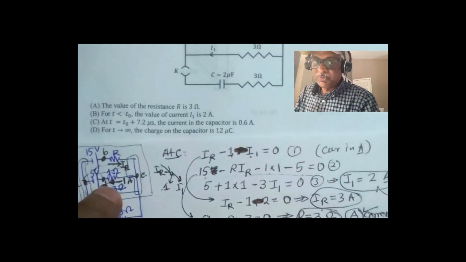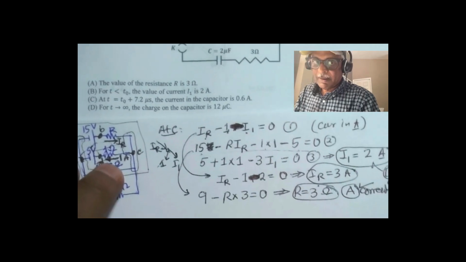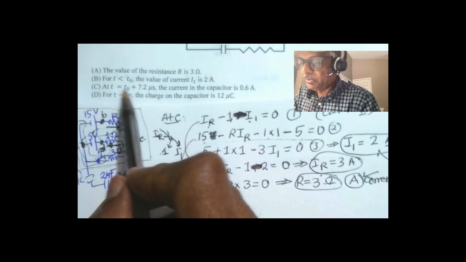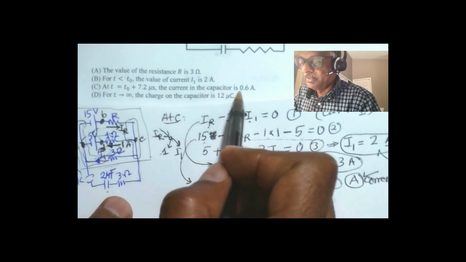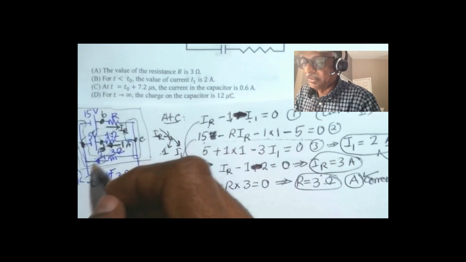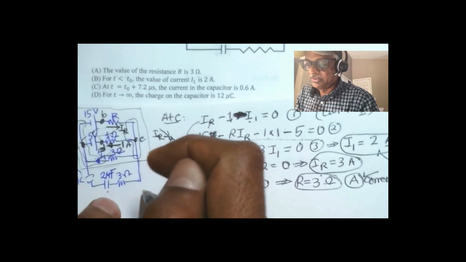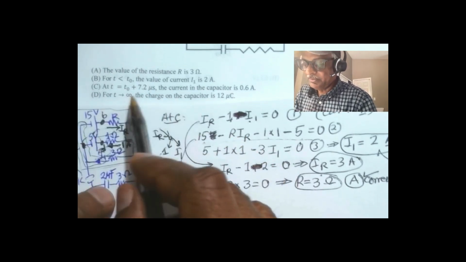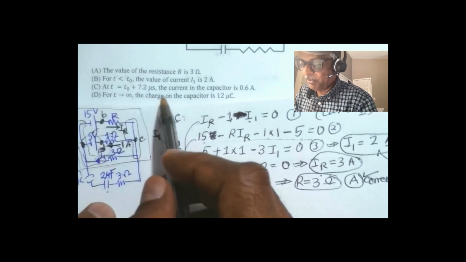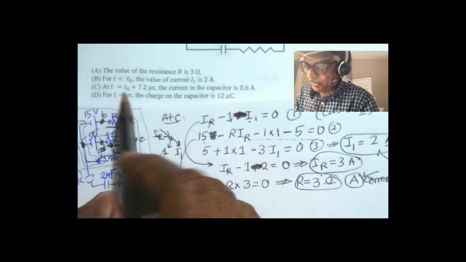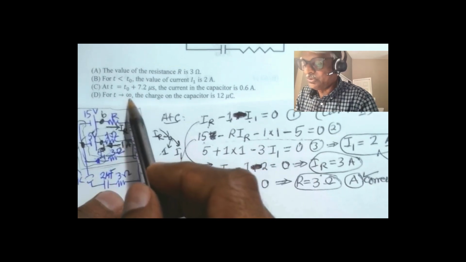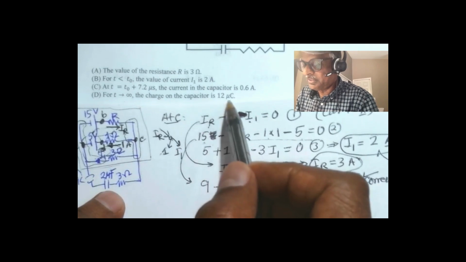All right, so to answer C or D, they both have to do with what happens after t equal to 0. So there is probably an easy way to answer D, because when you say t goes to infinity, the charge on the capacitor is this.